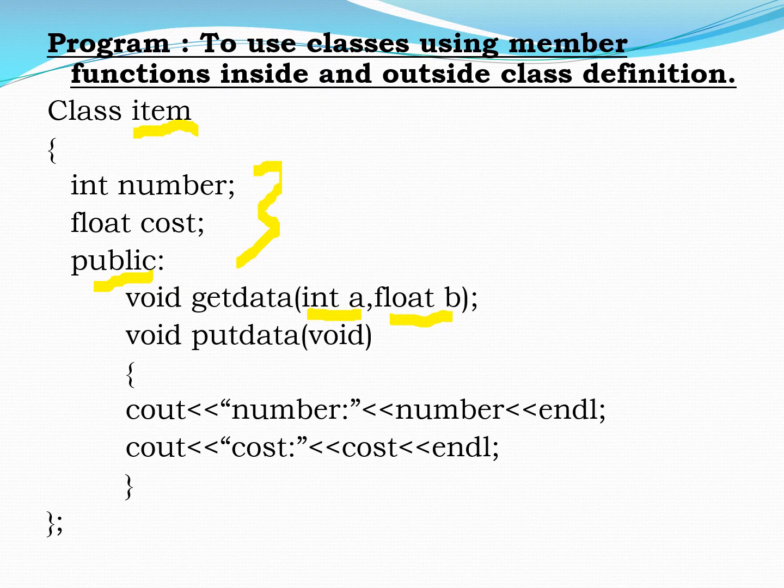Once you see void putData, the function is written next to the member function itself. Once you observe void getData, I don't have any body. I just have a function header. Once a semicolon is placed, it is understood that the definition is outside the class.